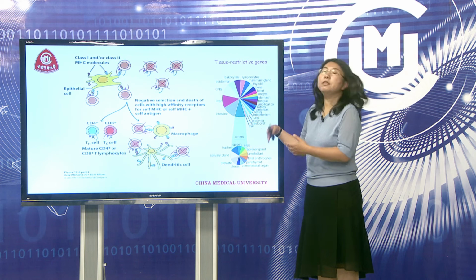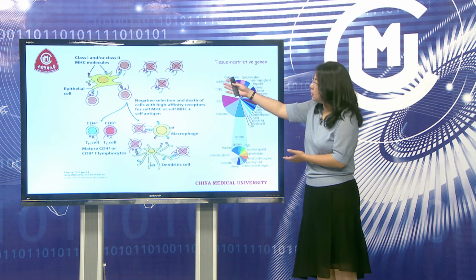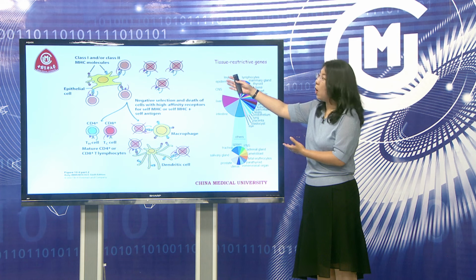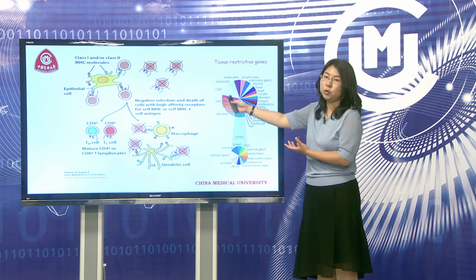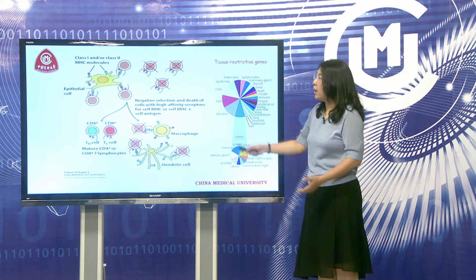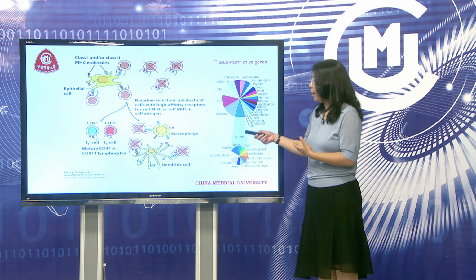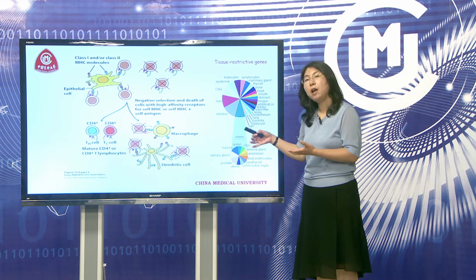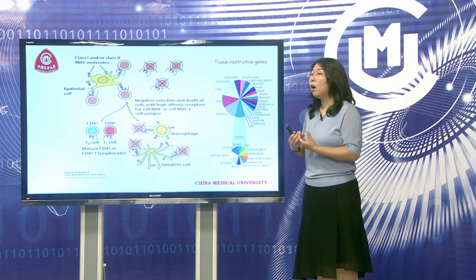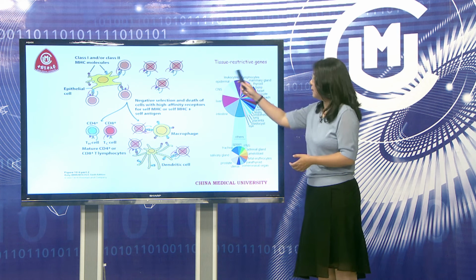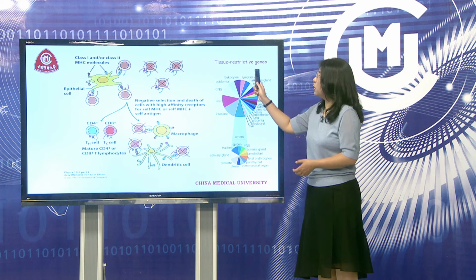After positive selection, now the single positive T cell moves from the cortex to the medulla, and now in the medulla of the thymus, the dendritic cell or macrophage or epithelial cell can express our own antigen. So that's because they have this tissue restriction gene.